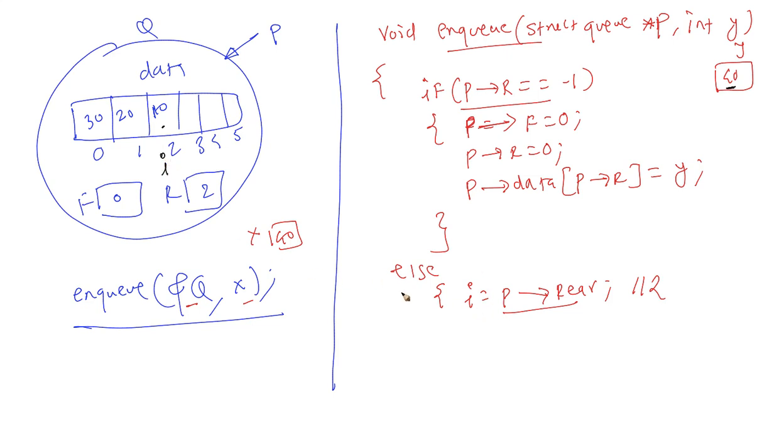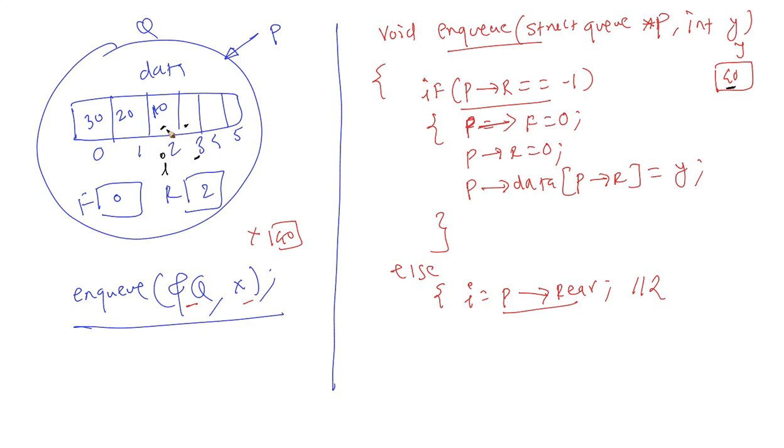So I'll compare data of I with y, because enqueue knows y, enqueue does not know x; x is local to main, y is local to enqueue. If y is greater than data of I, I'll shift data of I to data of I plus 1. That is, I'll be shifting this element here.